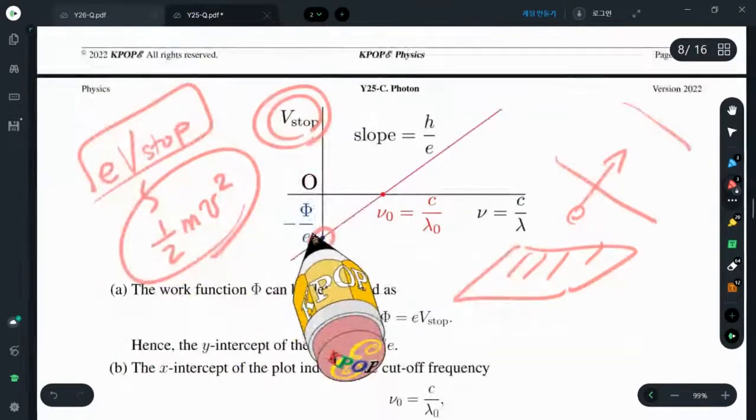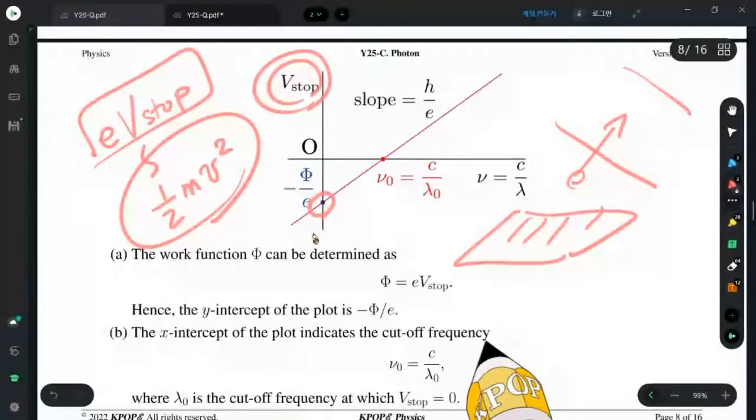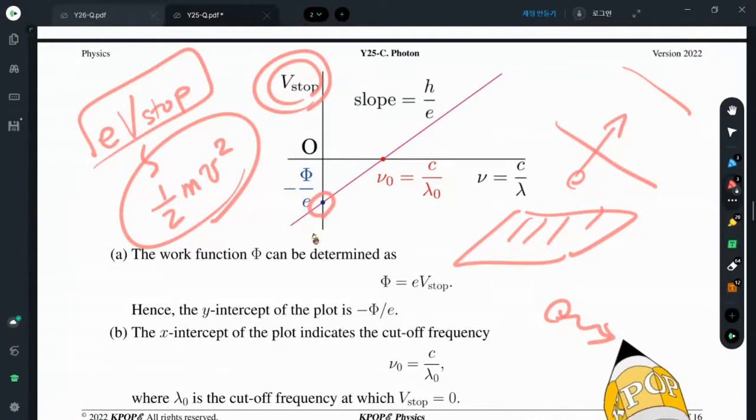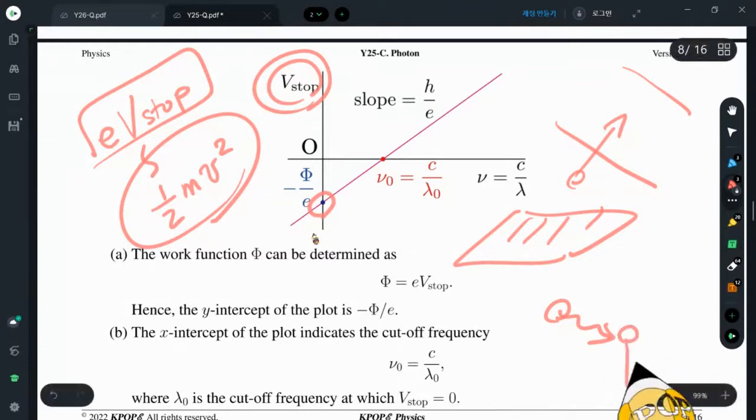And that kinetic energy is to be interpreted as follows: the photon's initial energy is partially used to break the bondage of an electron. So some energy is used to break the bondage. That is called E phi, and phi is called the work function.